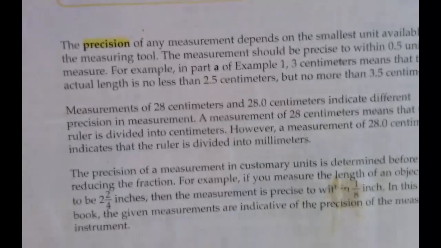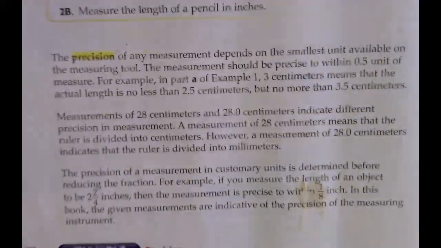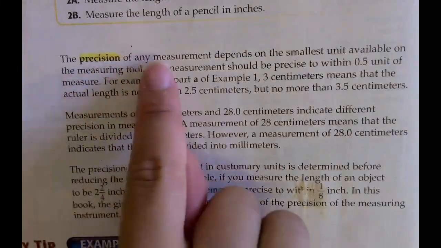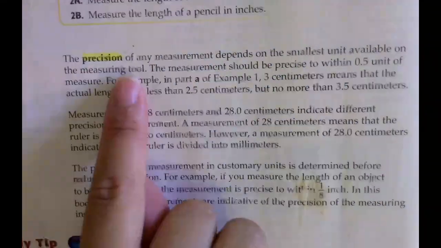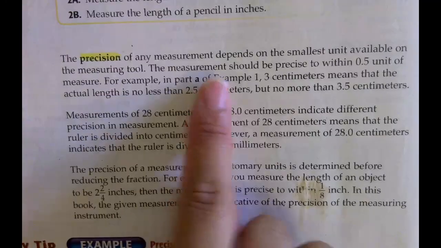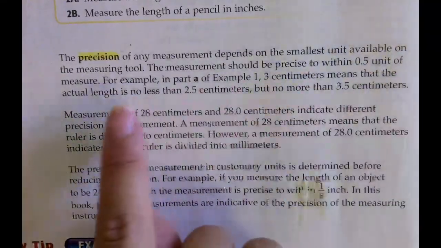So taking a look at your book after example 2, but before example 3, it gives you a definition of precision. The precision of any measurement depends on the smallest unit available on the measuring tool. The measurement should be precise to within 0.5 or half a unit of measure.